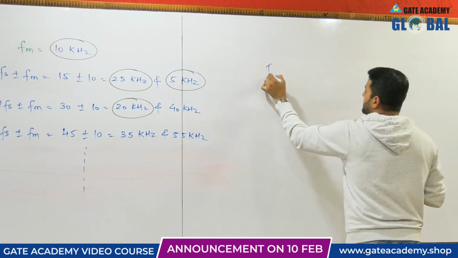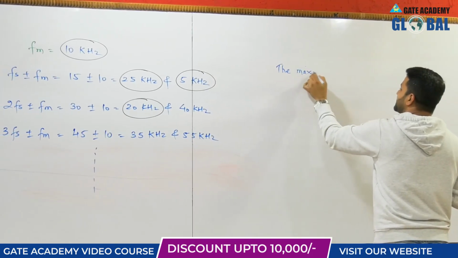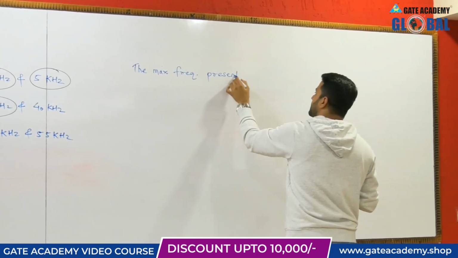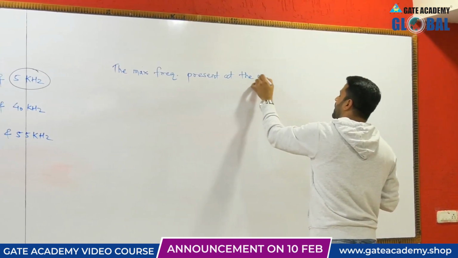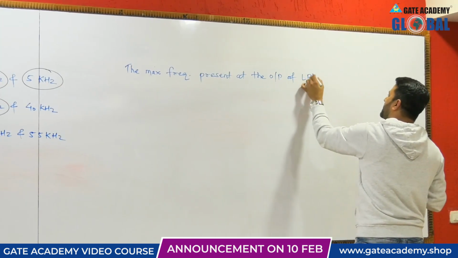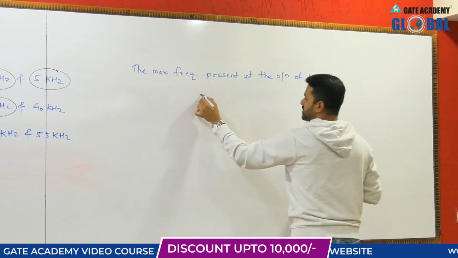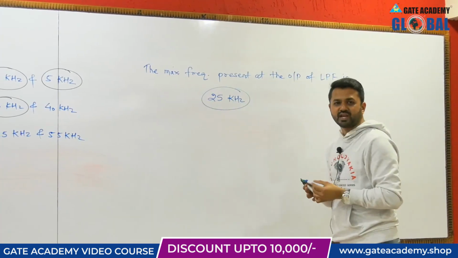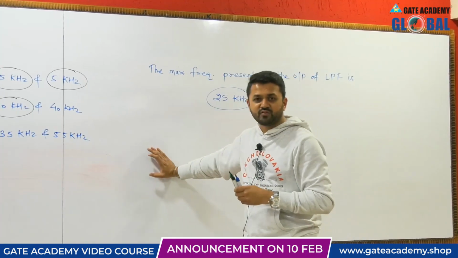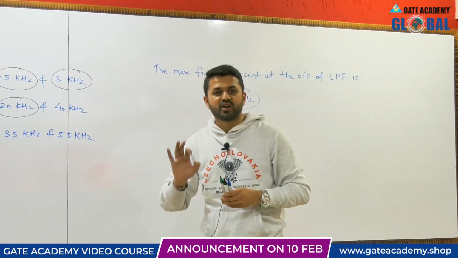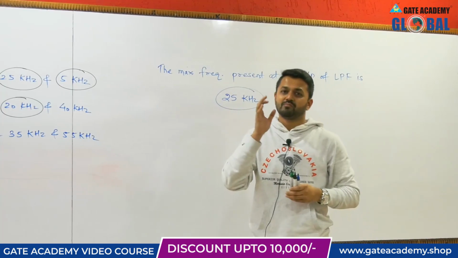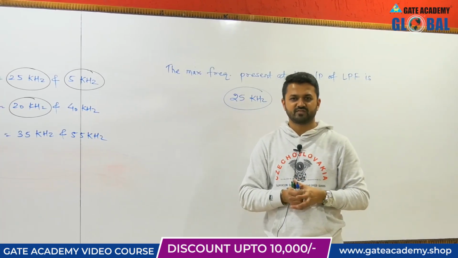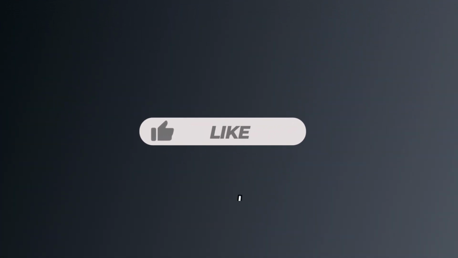So the maximum frequency present at the output of low pass filter is 25 kilohertz. We don't have to find the number of frequencies, we have to find the maximum frequency, and the maximum frequency is 25. So the answer would be 25 kilohertz.